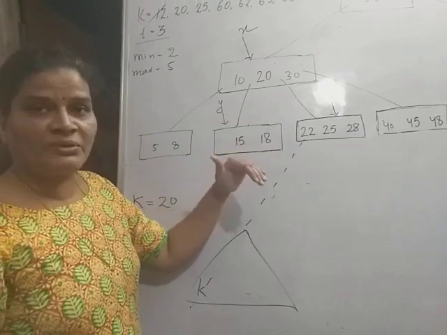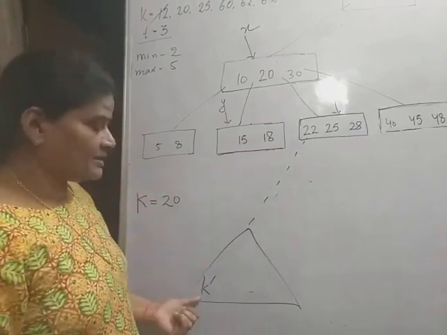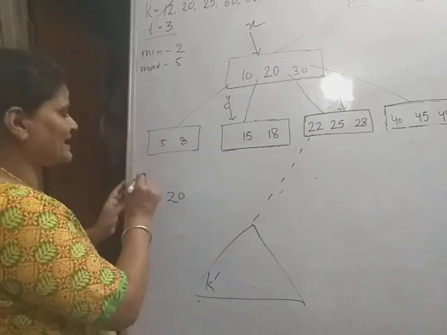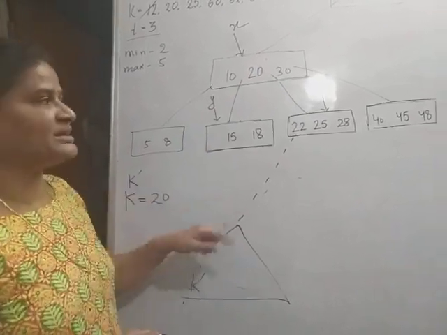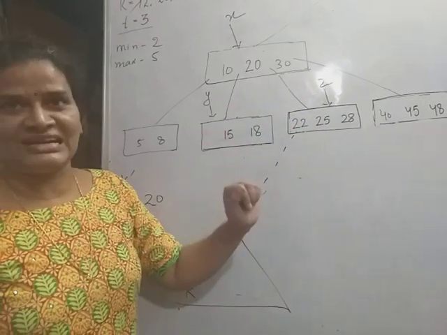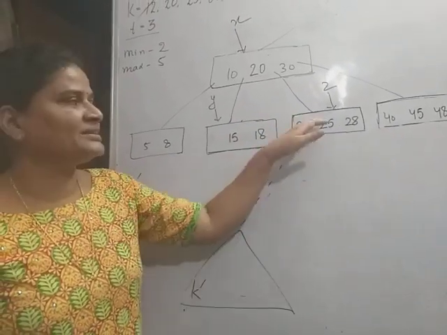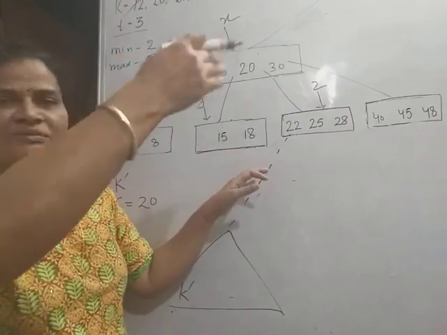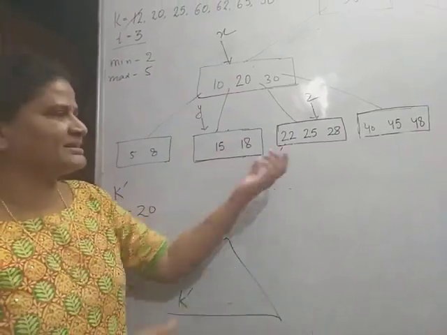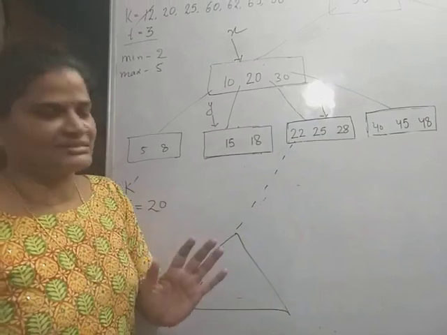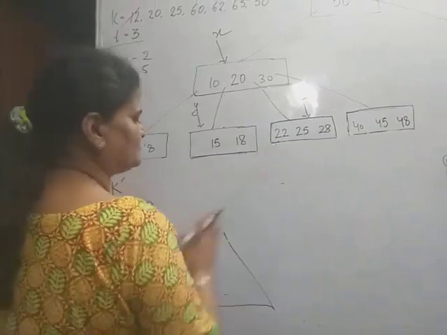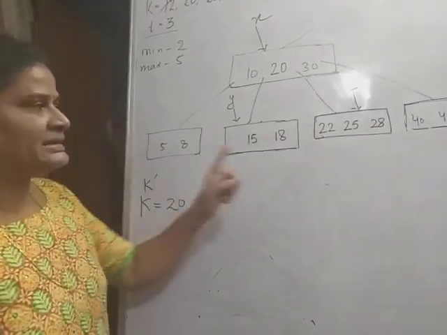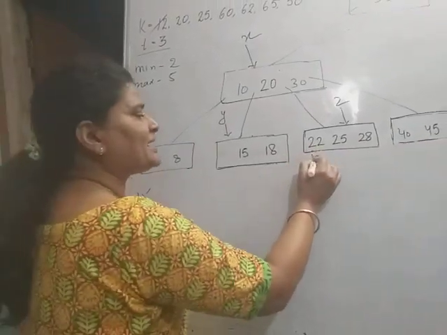Our problem is to delete K dash, the immediate successor of 20, in the subtree rooted at Z, and this should be done in a single pass by going to either the first case or second case. If it does not contain t keys, then merging of the keys will be involved.